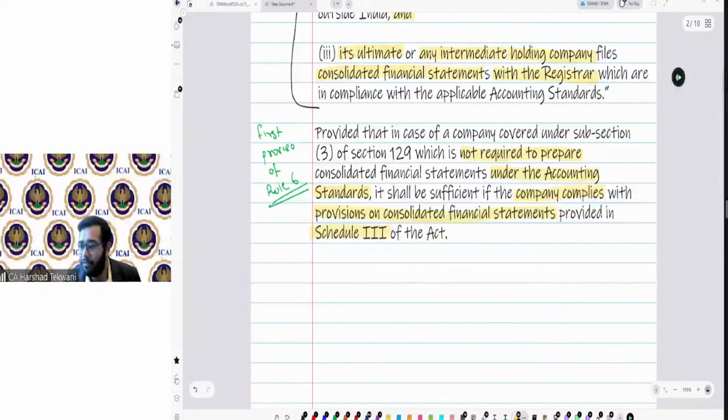Can anyone tell me what the accounting standard exemption is? Which accounting standard are we talking about here? If anyone can tell me the name of the accounting standard and summarize the provision, it will be helpful. Anyone? Which accounting standards?